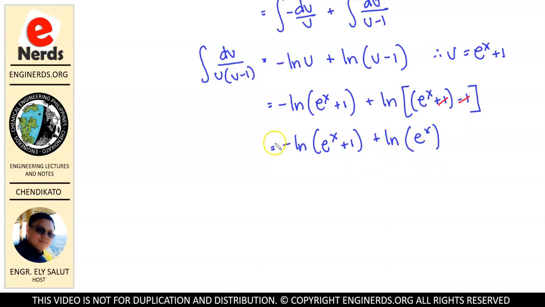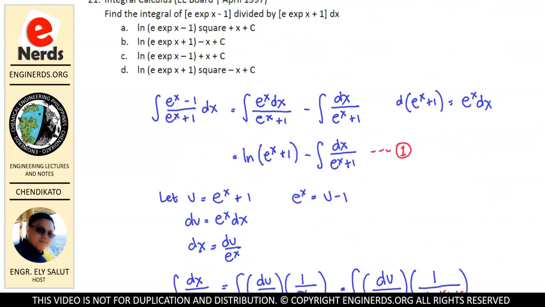Alright, so we now have the value of the integral of du over u times u minus 1. But we have to take note that this integral is equal to the one we're looking for, the integral of dx over e to the x plus 1.